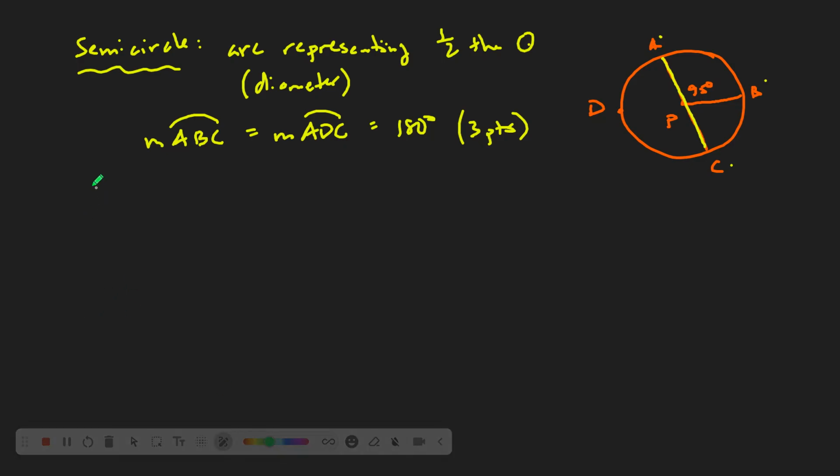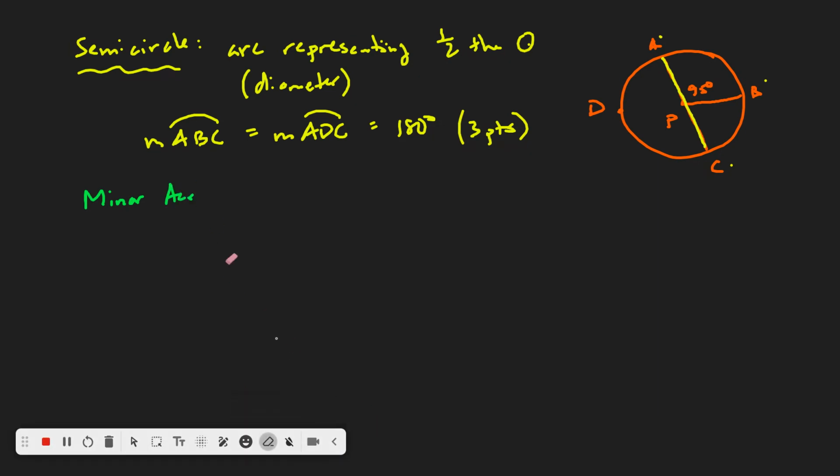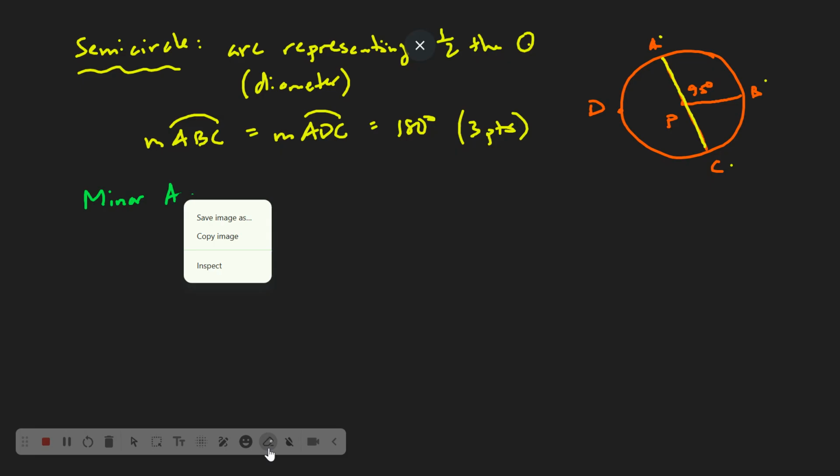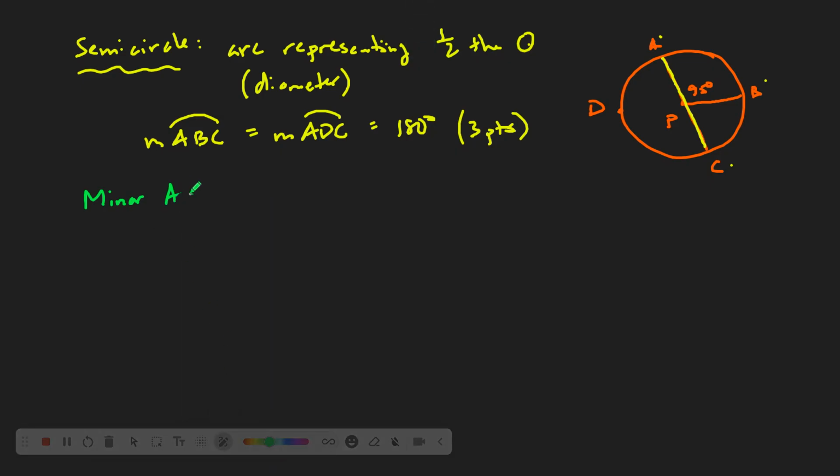Okay, next is a minor arc. A minor arc is an arc smaller than a semicircle.